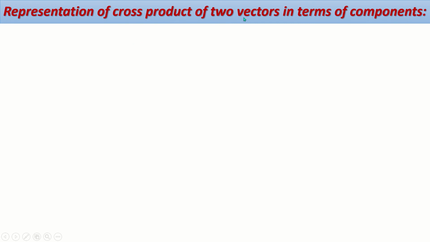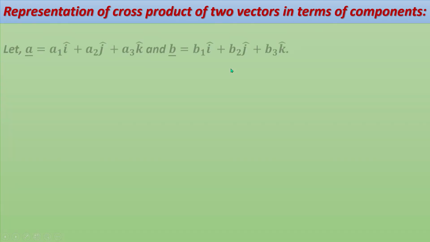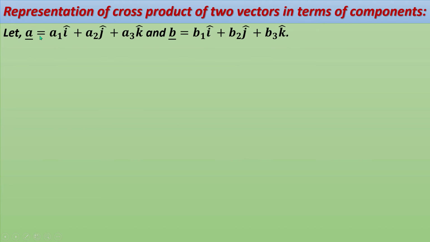Representation of cross product of two vectors in terms of components. Components mean the components of vector A are a1 i vector, a2 j vector, a3 k vector.